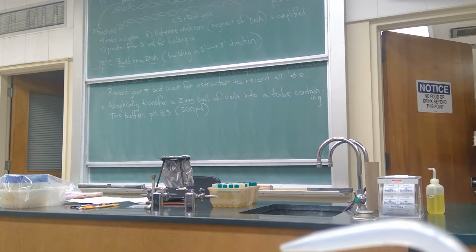So this basket has some tubes in it. And inside each one of these tubes, if you shake the tube a little bit, you can see these little glass beads. These glass beads are supposed to be 2 millimeter balls. It bothers me a bit because the glass beads don't all look exactly the same size. Maybe some are 2 and some are 3.